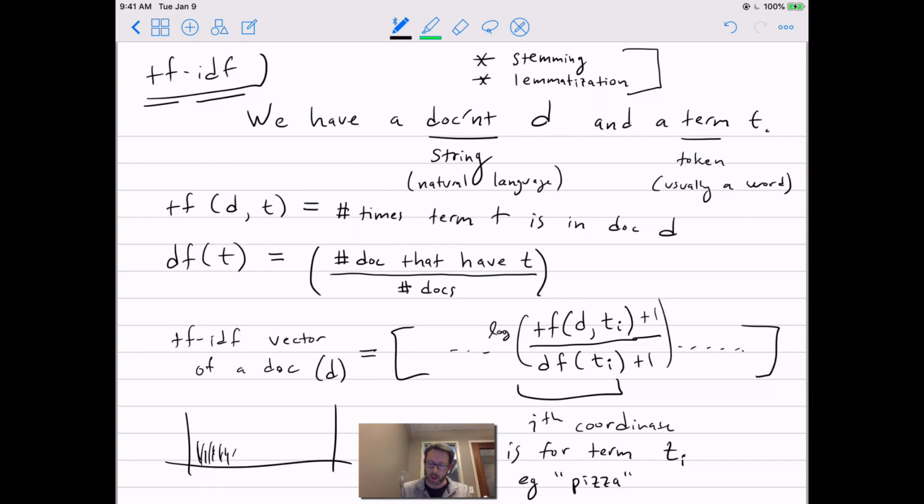You want to try to get a uniform histogram if you can, and logs tend to smooth out weirdly shaped distributions of numbers. There's not really a formal basis for exactly what the best formula of Tf-Idf is. It's a collection of formulas that have been shown to work well in practice.